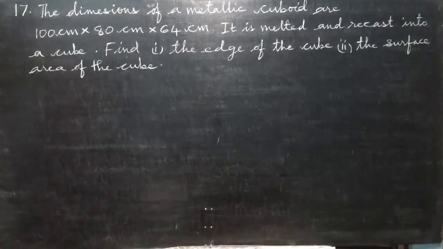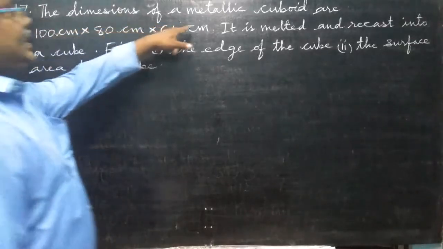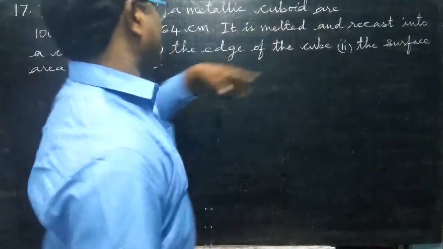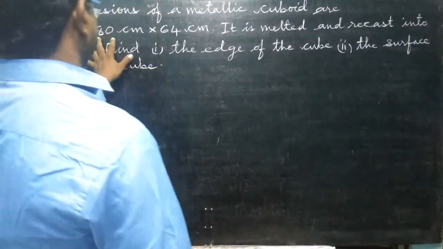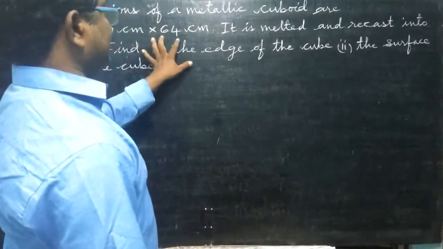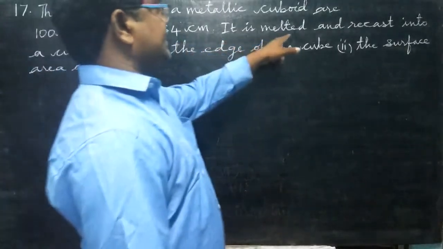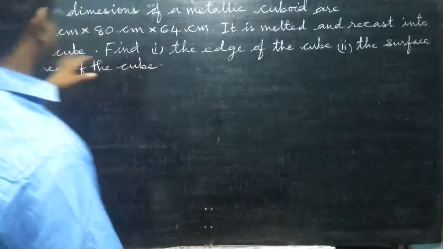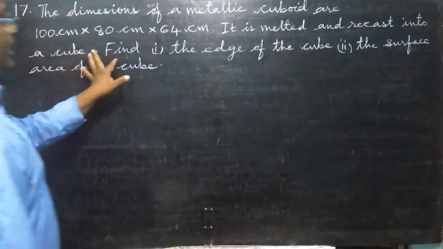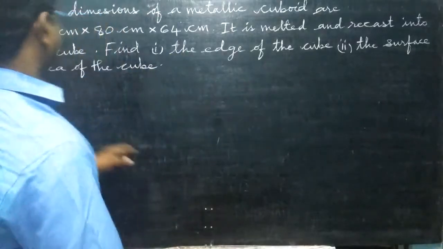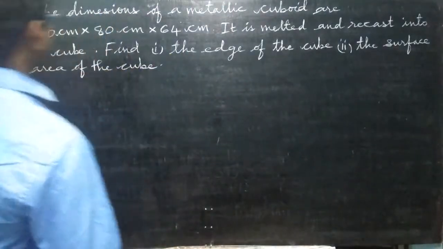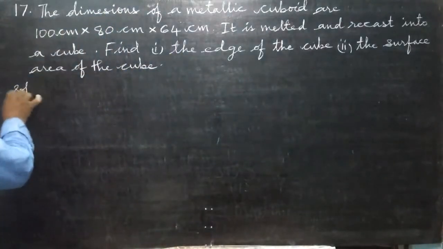17th problem. The dimensions of a metallic cuboid are 100 centimeters into 80 centimeters into 64 centimeters. It is melted and recast into a cube. Find first the edge of the cube, second the surface area of the cube. So, solution.